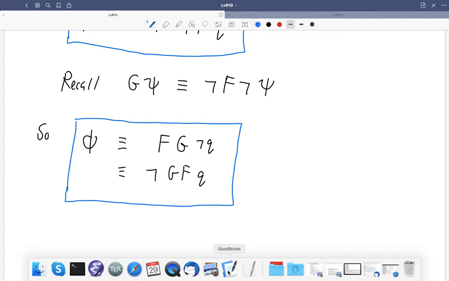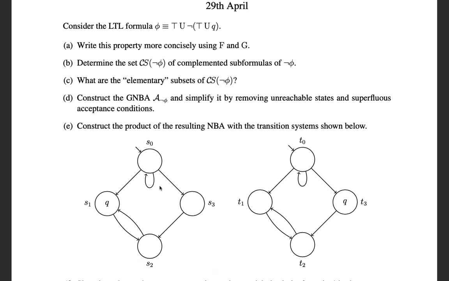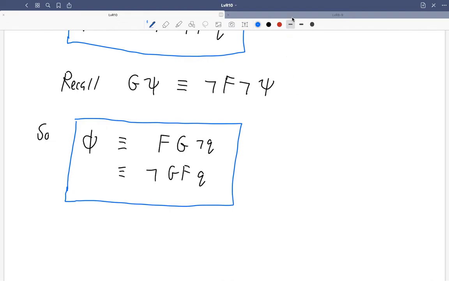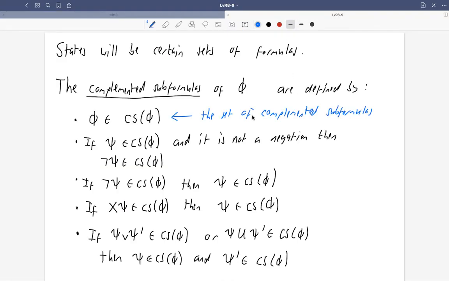To go back to the question sheet, that's what we need. Okay, so the next thing to do is to determine the set of complemented subformulas of the formula not phi. So in the notes for lecture 8, I've got the amalgamated notes of lectures 8 and 9 here.